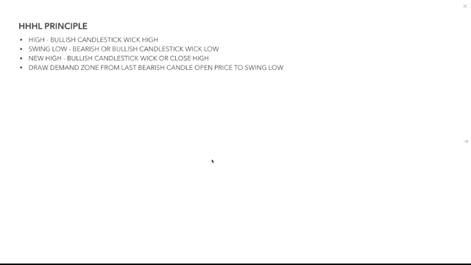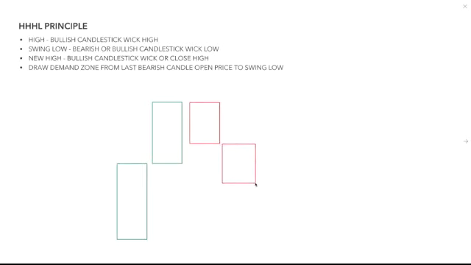So let's say, for example, we have something like this where you get a couple of candles, 2 candles, one there and one there, and then you may get a bullish candle that does something like this, or you can get a couple of candles that do something like this.